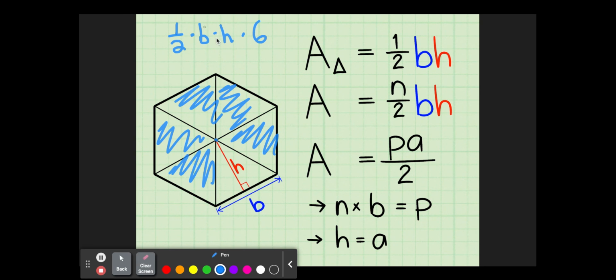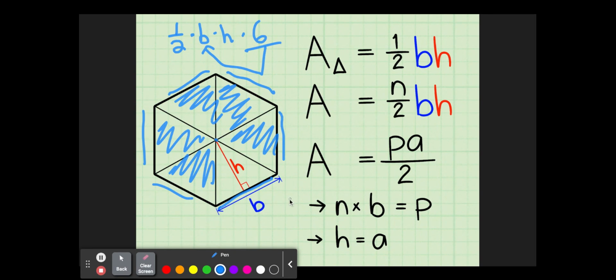So 1/2 the base times height times the number of sides. And if you think about it, 6 times the base, that's the perimeter. That's just going around this way.